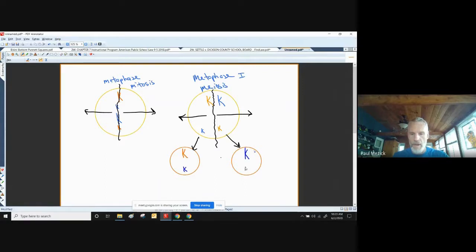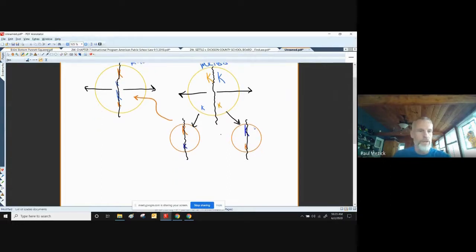The second time, it lines up the same way it did in mitosis. So now, in the second go around, they do split up right down the middle. Okay? And you end up with 2 cells, actually 2 cells each. Well, let's draw. So now you're going to end up with one this way, one here, and one here.